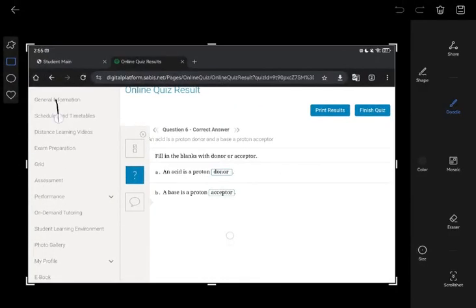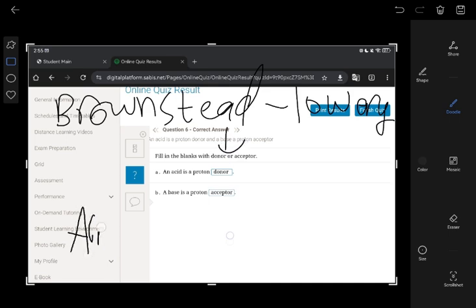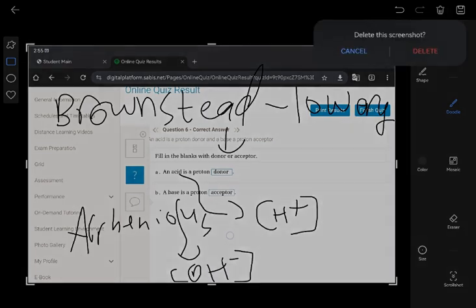So you have Brønsted-Lowry, who said this, and then Arrhenius said that an acid releases H plus, and the base releases OH minus. I might spell their names wrong, but remember these, because they might ask you about them.